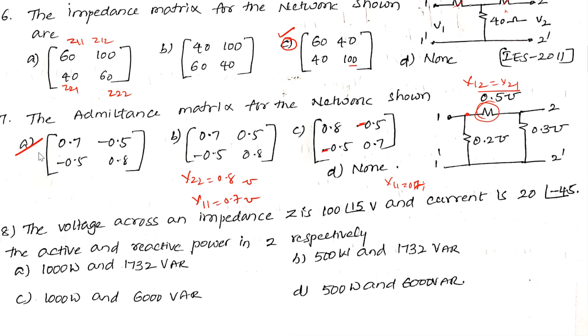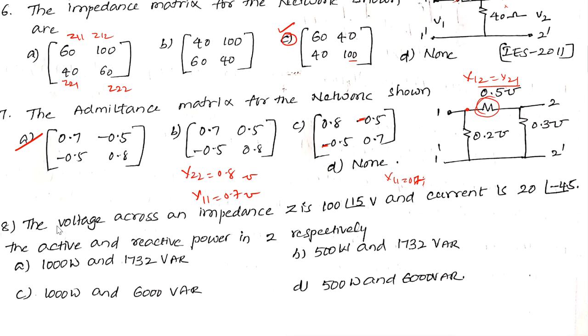Next one, the last question from this page. The voltage across the impedance Z is 100 at angle 15 and the current is 20 at angle minus 45. Find the active and reactive power in the Z respectively. So to find the active power, use the formula P equal to VI cos theta. What is the theta here, sir?